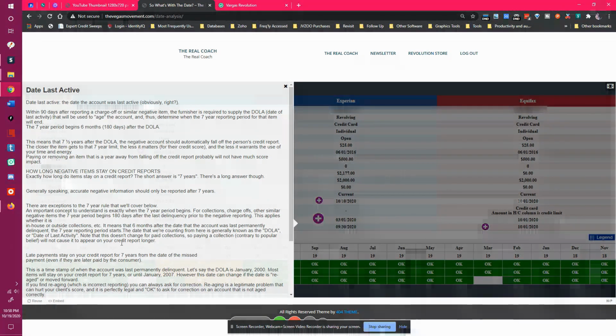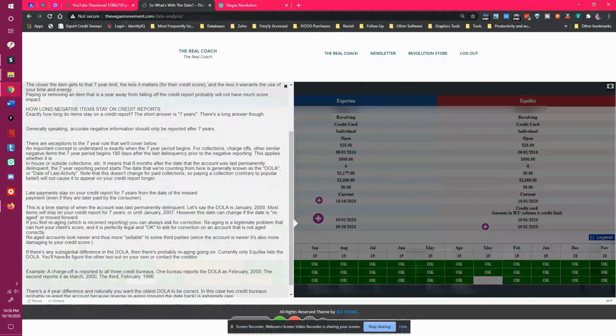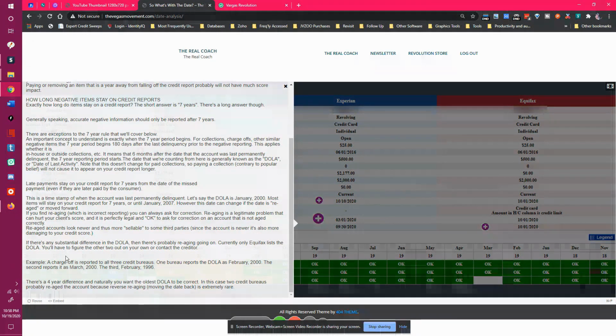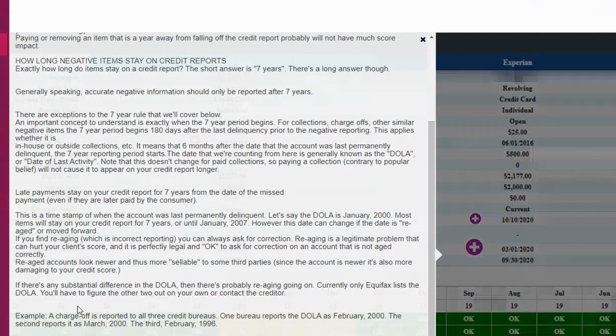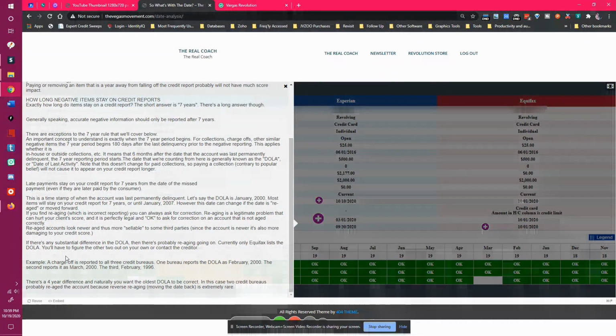So this means that 7.5 years after the date last active, the negative account should automatically fall off the person's credit report. But if the date is re-aged, that's not going to happen. Generally speaking, accurate negative information should only be reported up to 7 years, right? But you and I both know that sometimes that just doesn't happen.